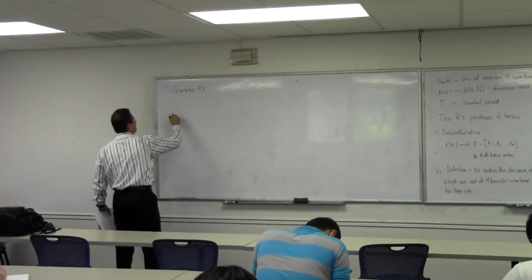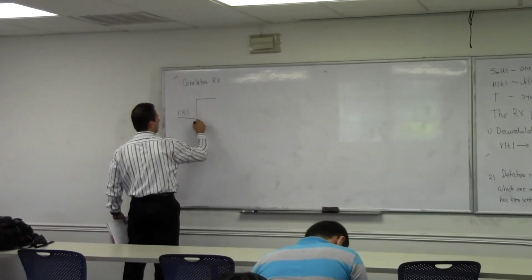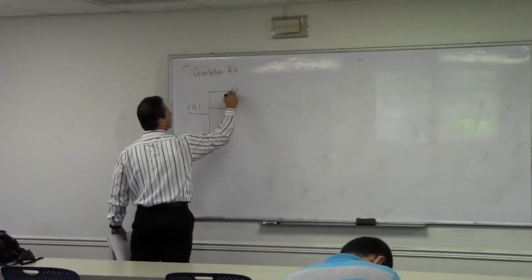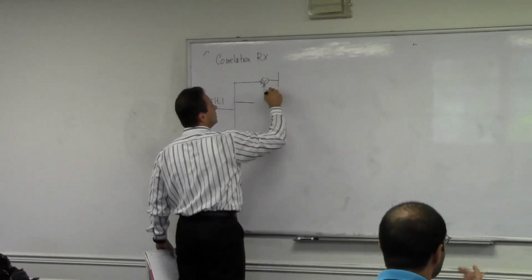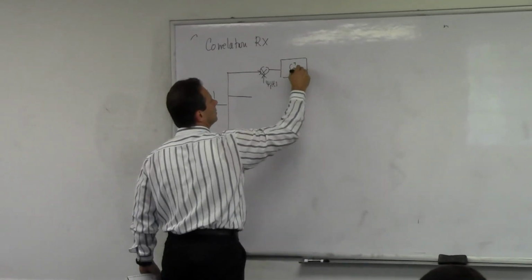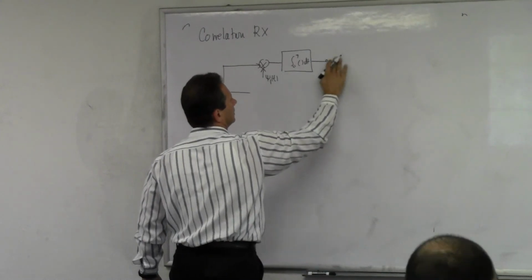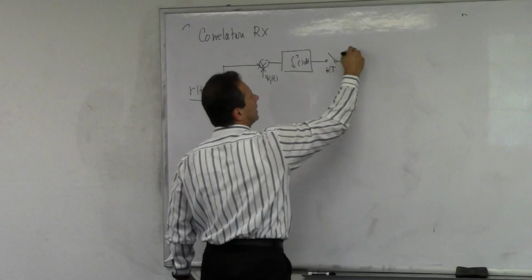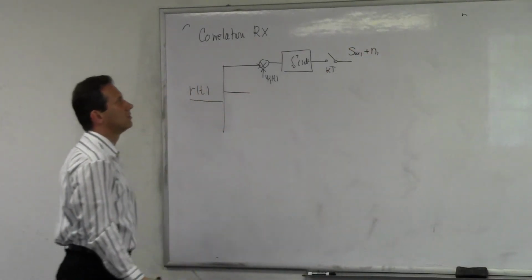You have your R of t coming in, and then you have all of these branches, right? One branch per every psi that you have. So this is psi 1 of t, you're going to integrate from 0 to T, and then you're going to sample at kT intervals. And here you're going to have Sm1 plus n1.